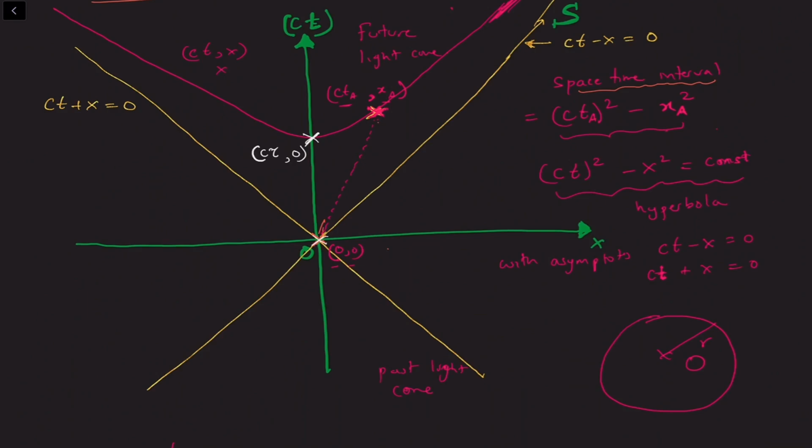For this point as well, it should be true that c tau squared minus 0 squared is equal to the same space-time interval, or is equal to c times ta squared minus xa squared. So that space-time interval that we had evaluated earlier in terms of CTA and XA should be equal to c tau squared.